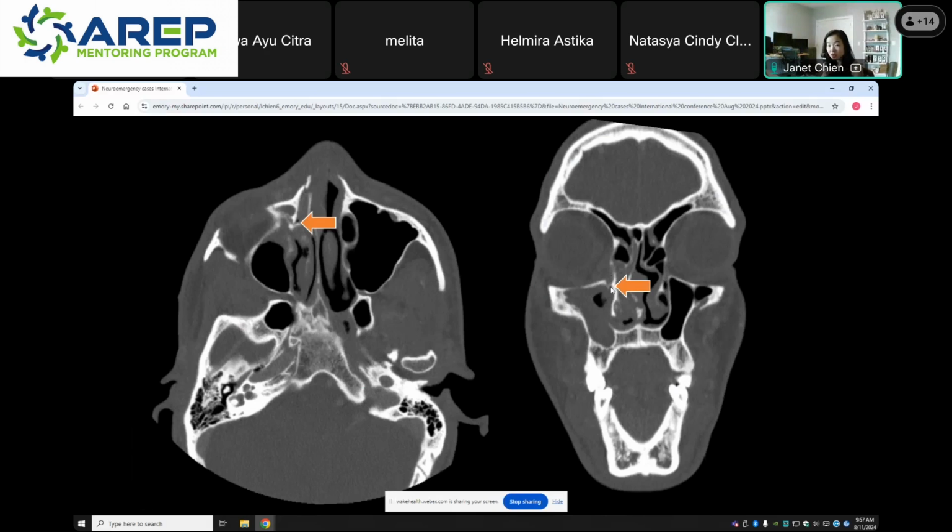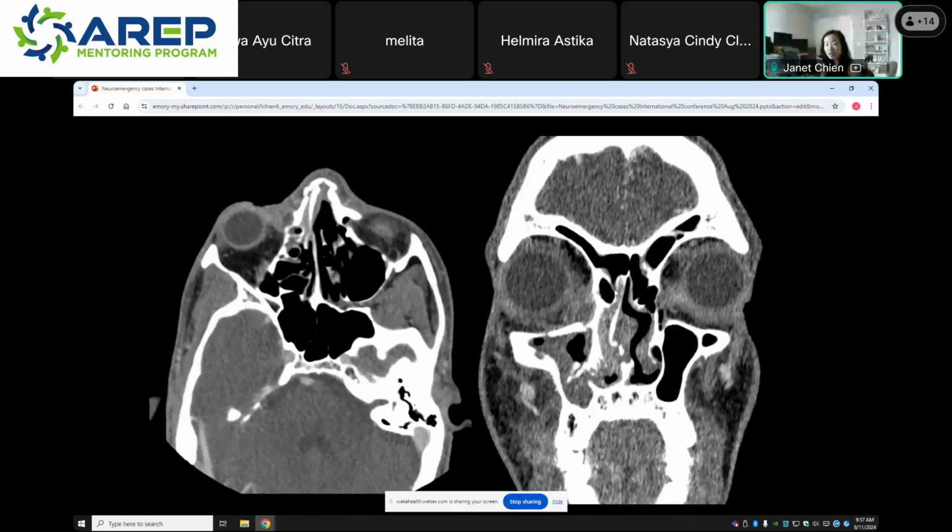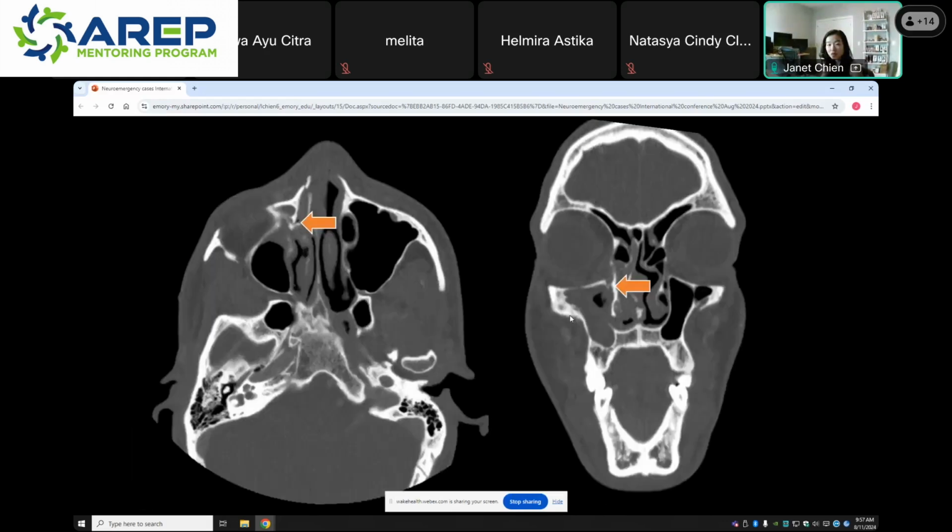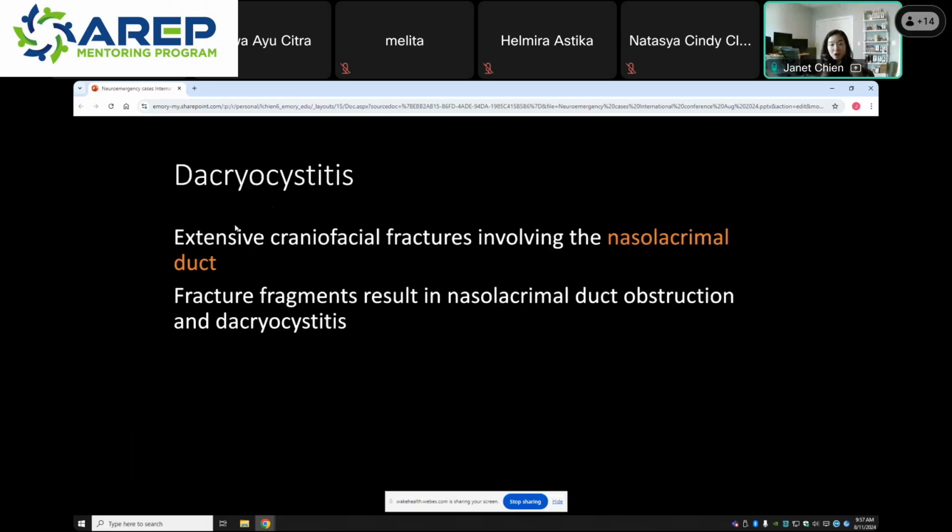And so it's obstructed, and you've got dacryocystitis. So this is that obstructed lacrimal sac with associated inflammation and wall thickening. Excellent job. So this is dacryocystitis involving the nasolacrimal duct, obstructed from the fracture fragment.